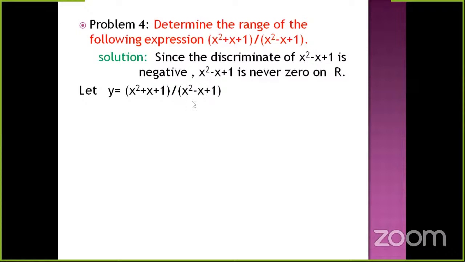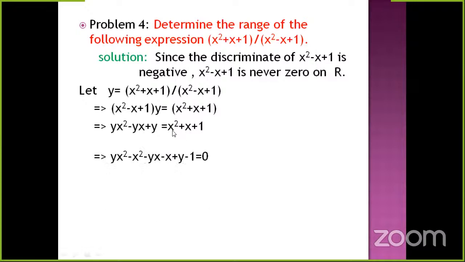In the next step, bringing the denominator to the left side, I get y into x square minus x plus 1 is equal to x square plus x plus 1. Expanding, I will get yx square minus yx plus y is equal to x square plus x plus 1.